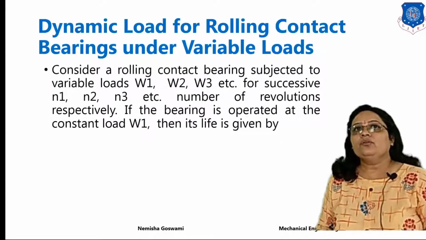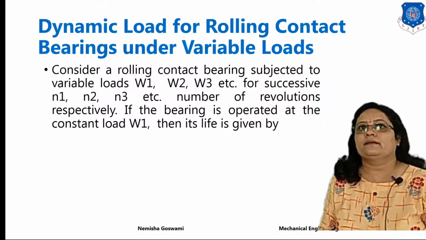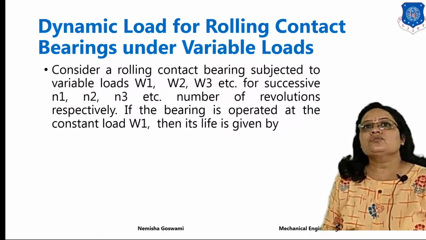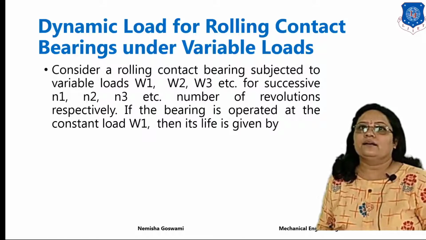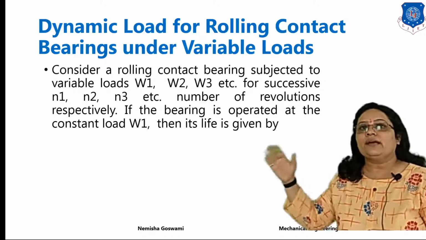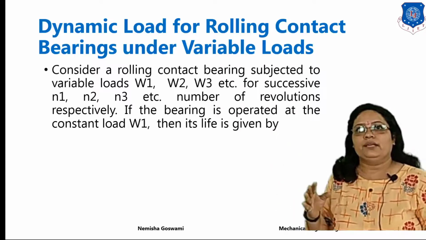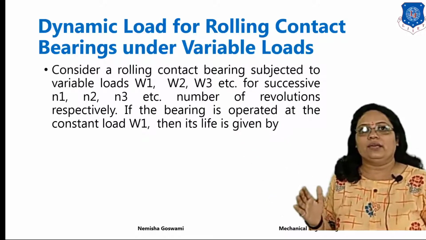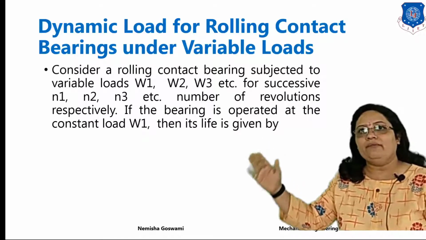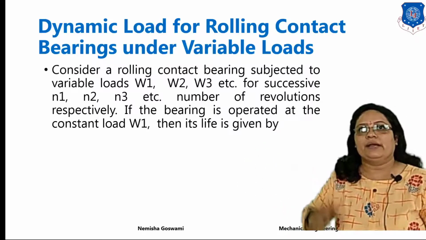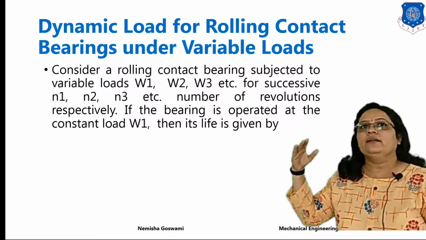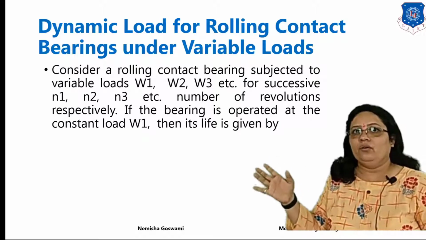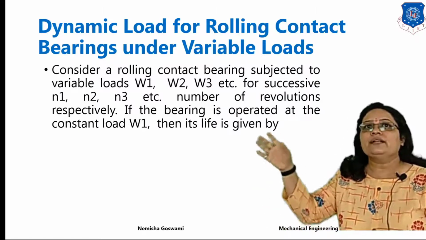Now, dynamic load for a rolling contact bearing under variable load. When we consider a rolling contact bearing subjected to variable loads W1, W2, W3, for successive life periods L1, L2, L3, these are the numbers of revolutions N1, N2, N3 respectively.